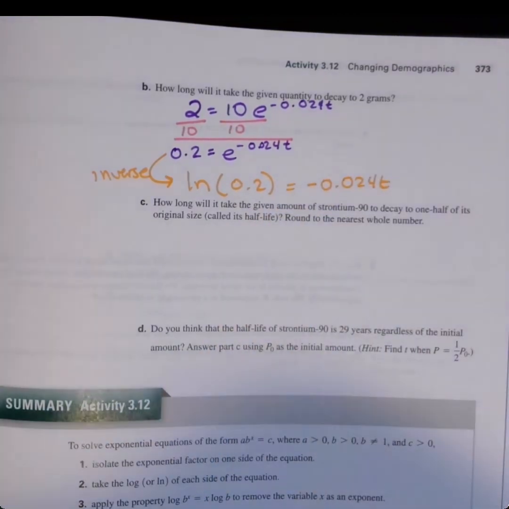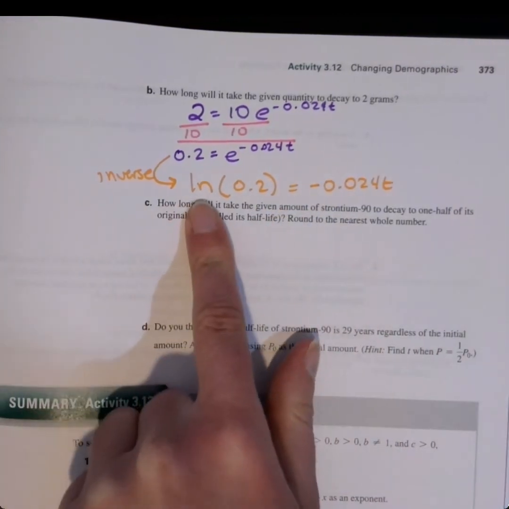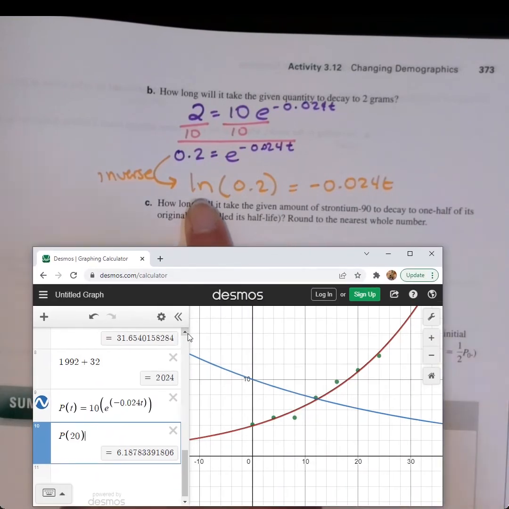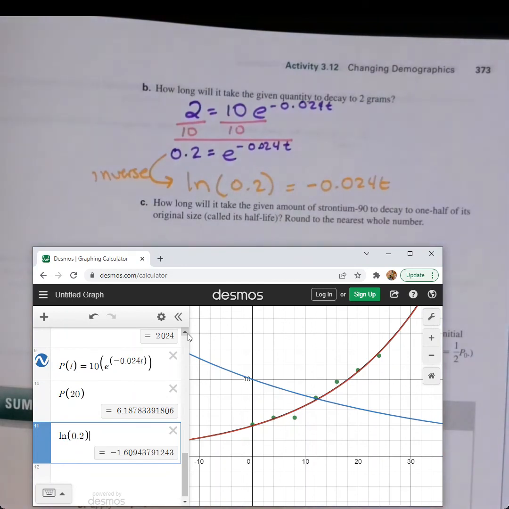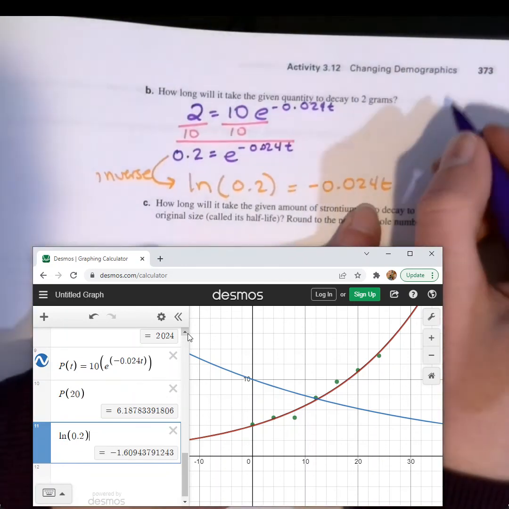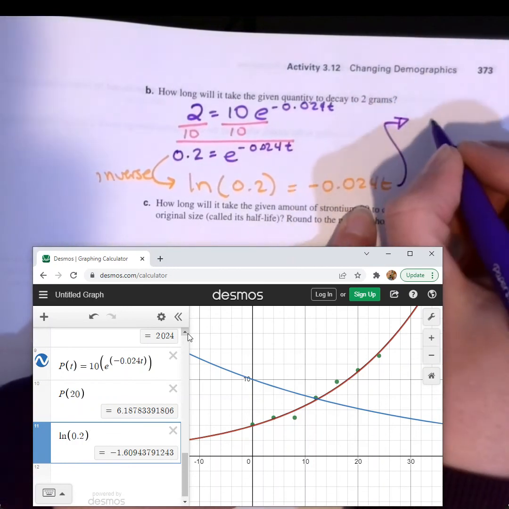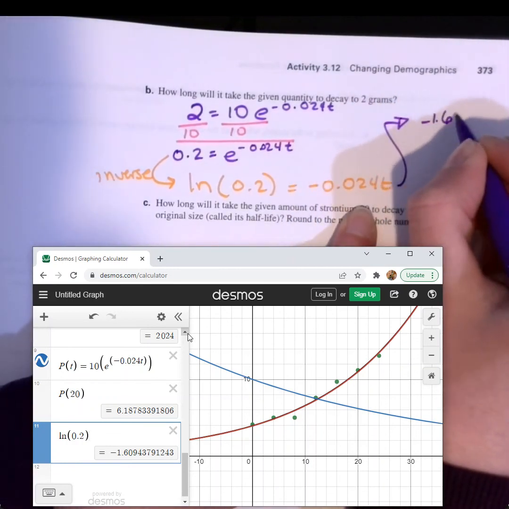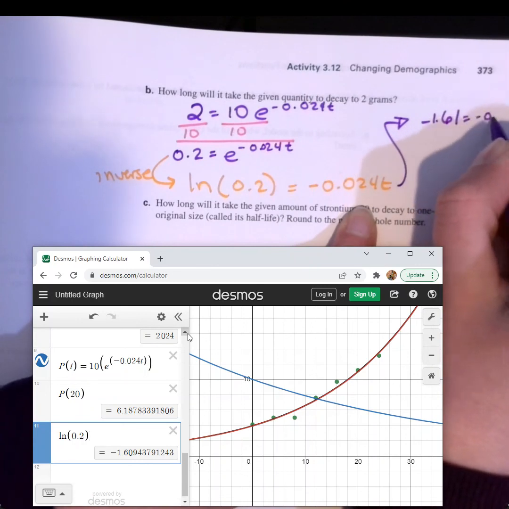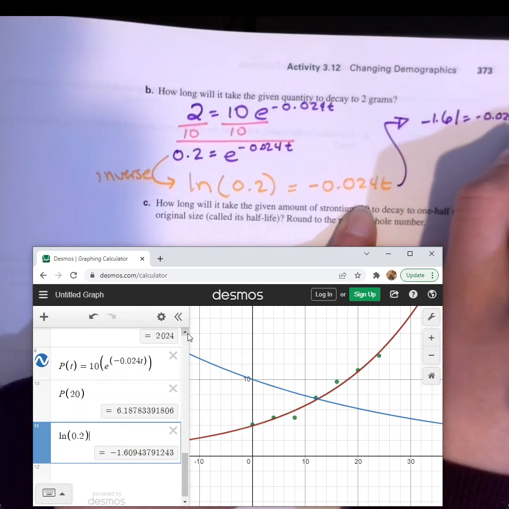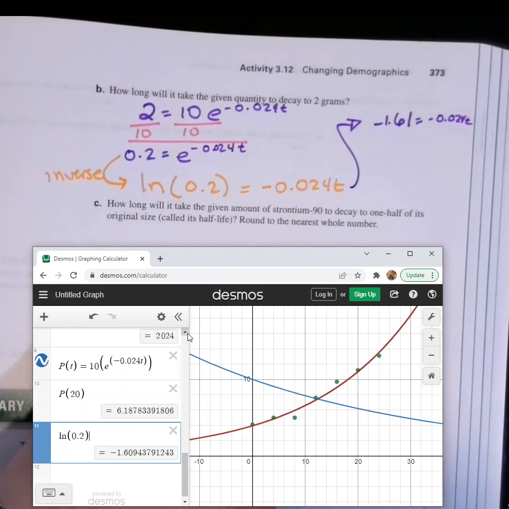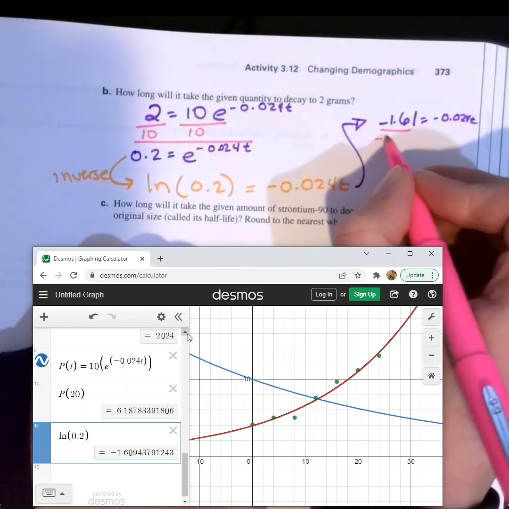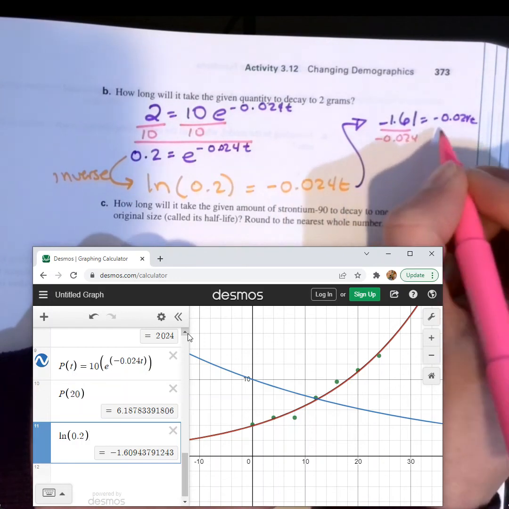Now I can evaluate the natural log of 0.2. So up here, I would have negative 1.61 equals negative 0.024t. Then I can divide both sides by negative 0.024 to get t by itself.